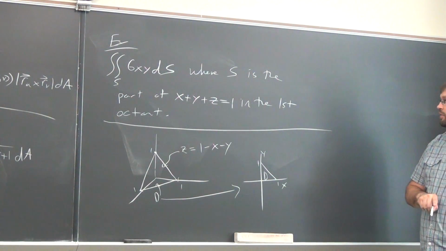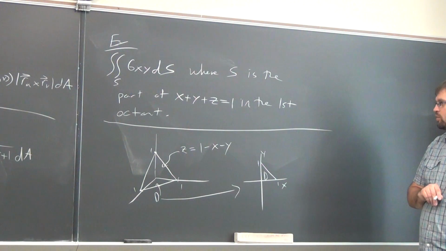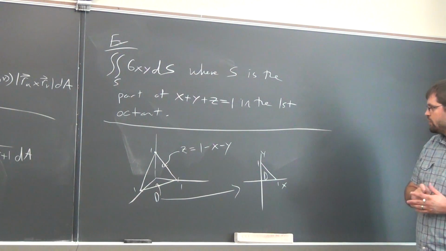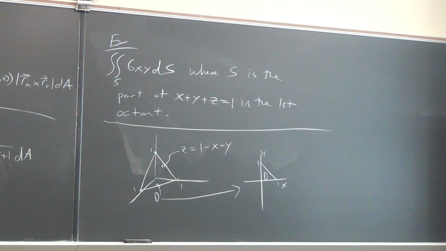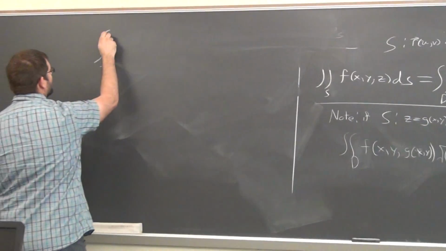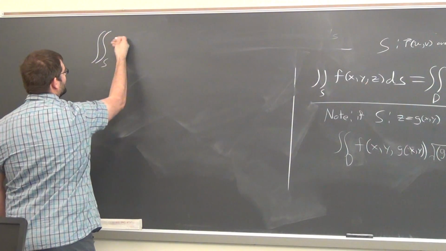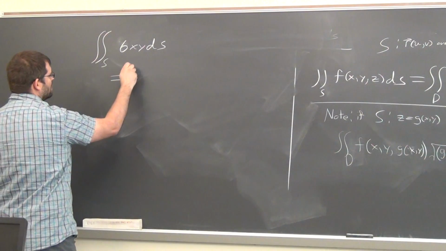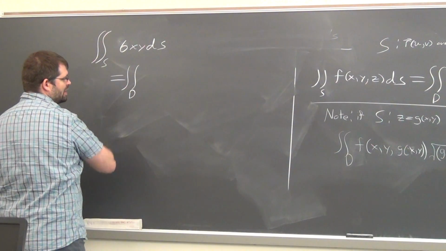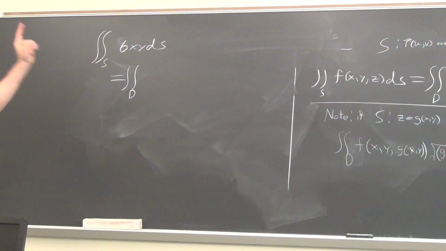So we're just going to use that second form there, the f of x, y, g of x, y, and so on. So let's try that. Our surface integral, well, let me just write it out. 6xy dS becomes the integral over D of f of x, y times g of x, y.